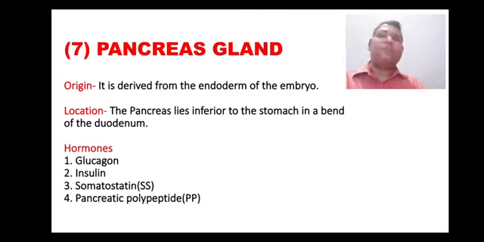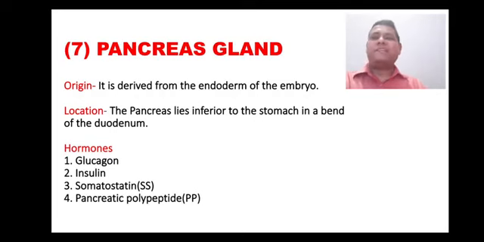Glucagon is also called the anti-insulin hormone. Its target cells: glucagon acts on the cells of the liver and adipose tissues. Insulin is antagonistic to glucagon and converts glucose into glycogen in the liver and muscles.